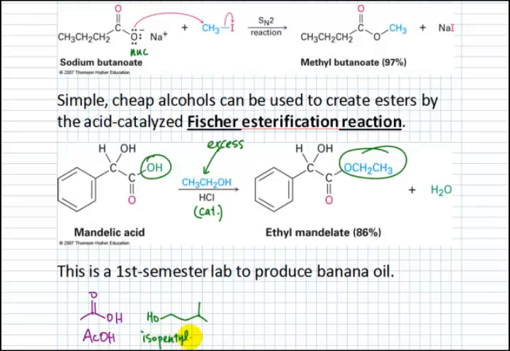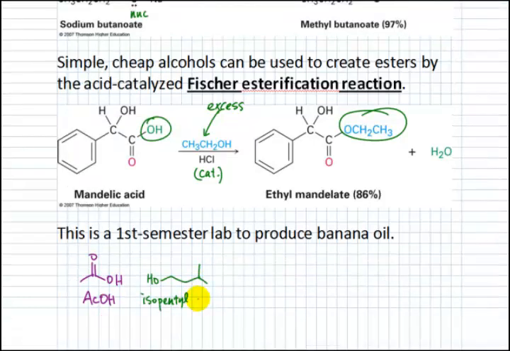If we have isopentyl or isohexyl or something like that, it just has one branch right near the end of it. And what we did, we reacted that with H2SO4 as a catalyst. We added concentrated sulfuric acid to that. We ended up with isopentyl acetate.